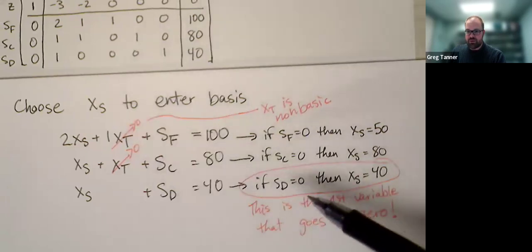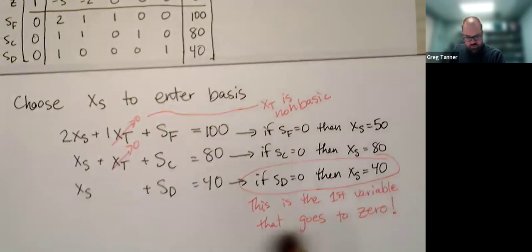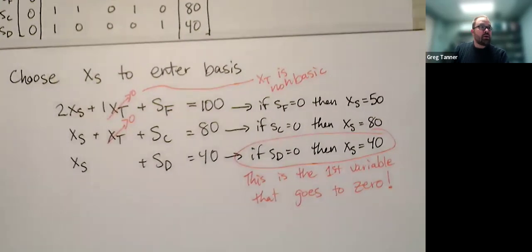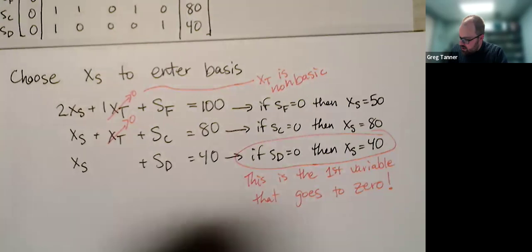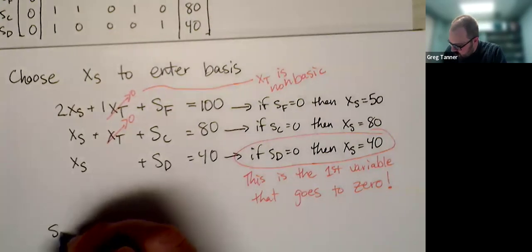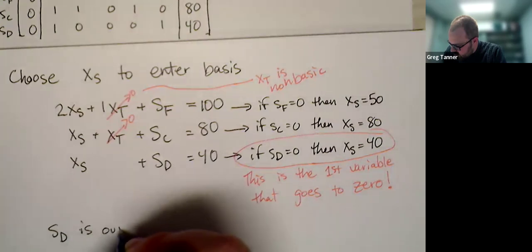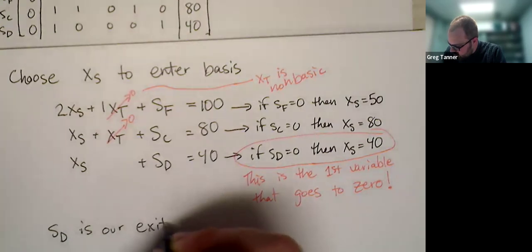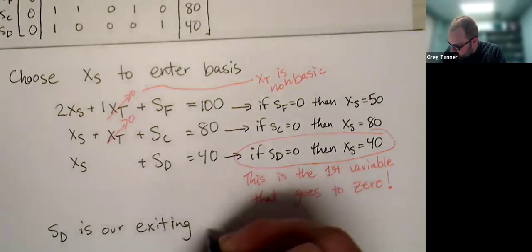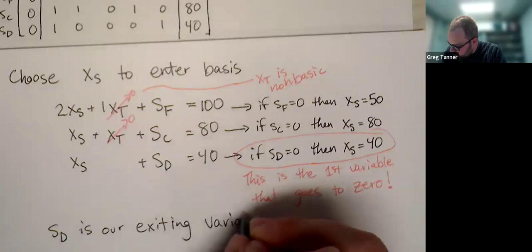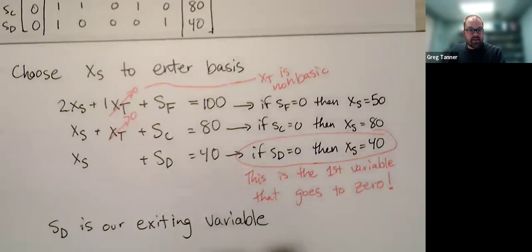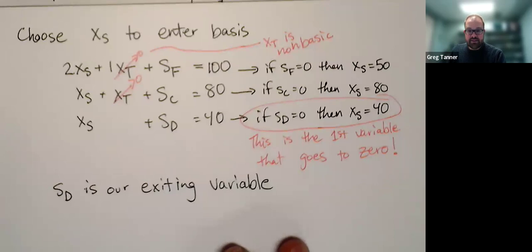It's the first one that gets driven to 0. Okay, and so we'll say sd is our exiting variable, and that sd leaves the basis.